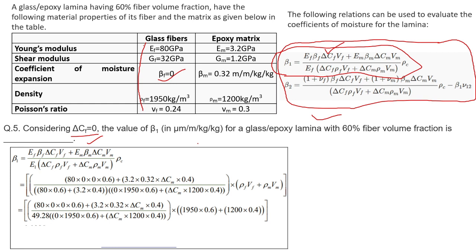If there is any doubt about what to take for del CM, you can ask in the discussion portal. But if it is not given, you can take del CM value also equal to 0, and from that you can find the value of beta 1. Then beta 1 value will also be 0.